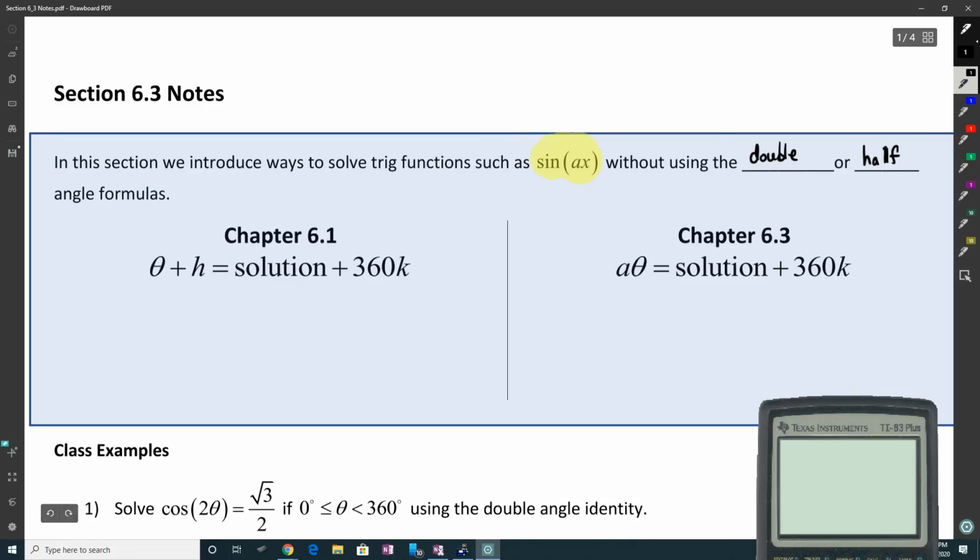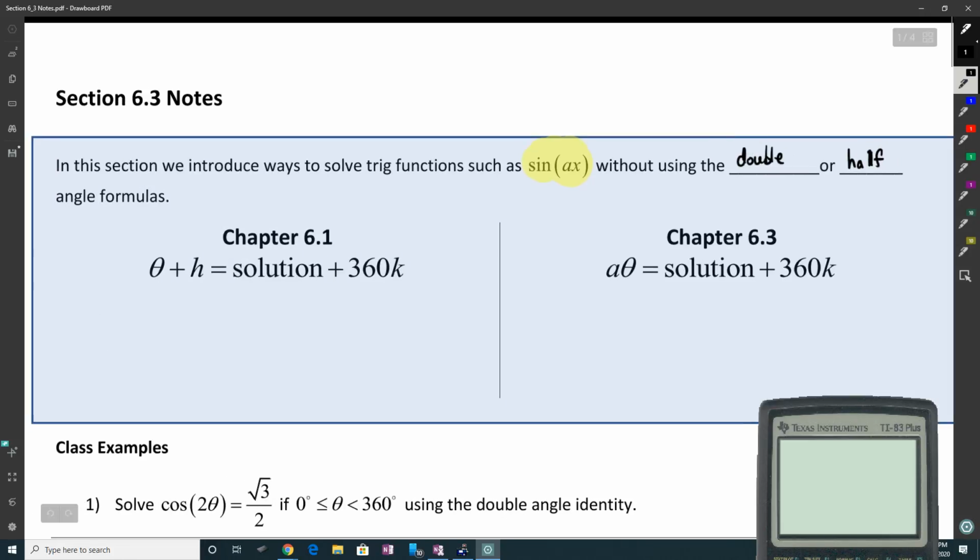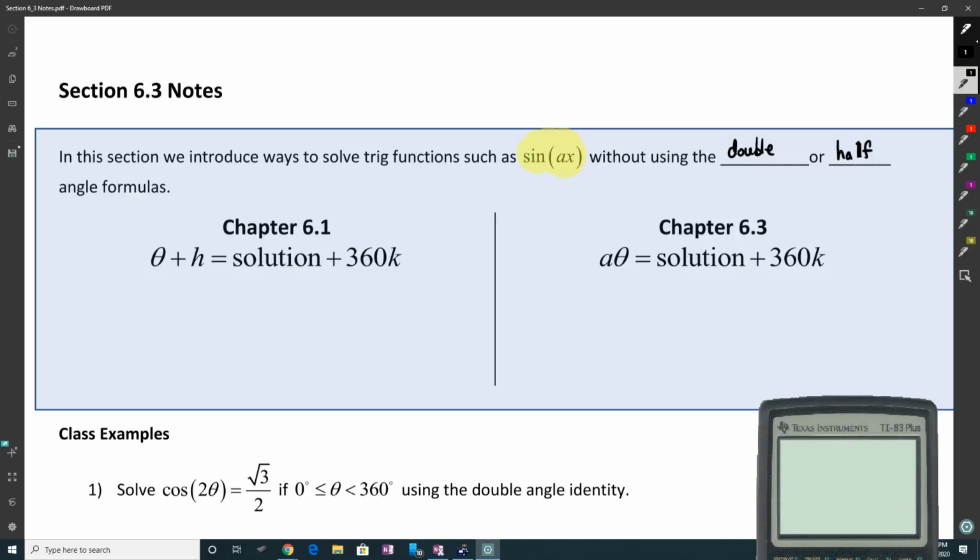Okay, in the last section we used double and half angle formulas and we got our answer, but here we're not going to be doing that. So to start, in 6.1 we had solutions where on the inside, for instance, we had things like sine of theta plus 3 or something like that. And the way we solved it was you found your reference angle, and then all you did was you subtracted h from both sides.